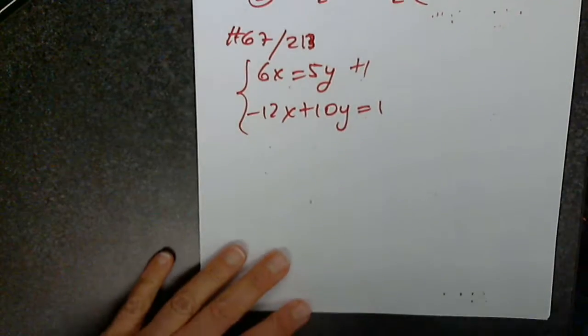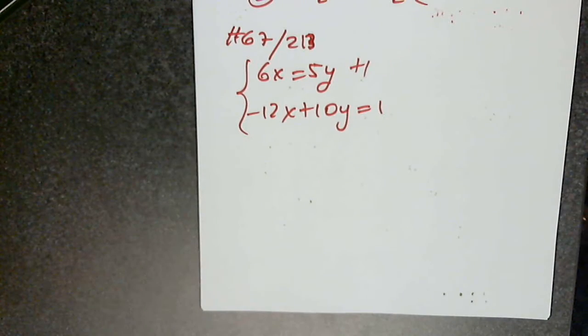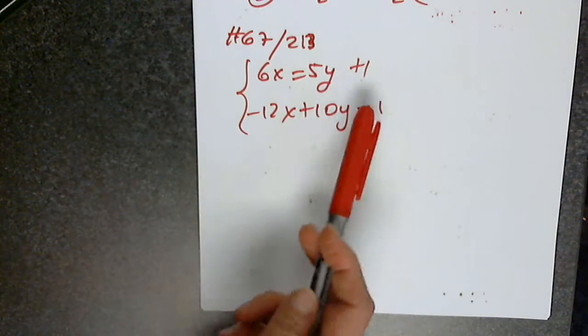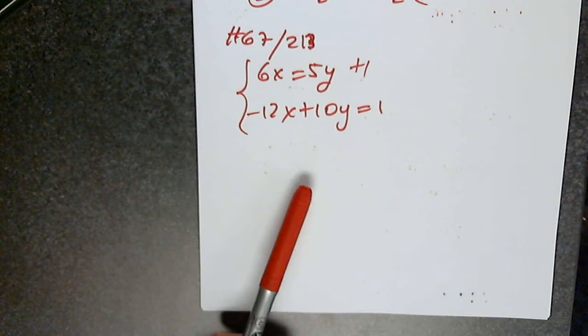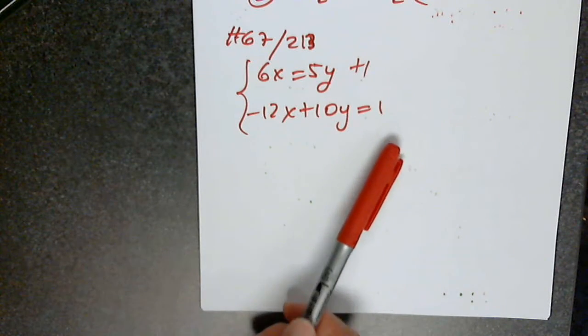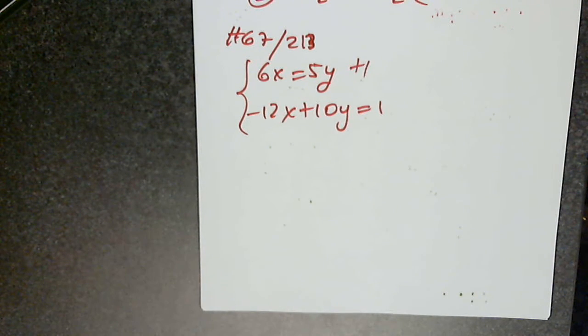So we are given two equations, and we are asked to determine whether each pair of lines is parallel, perpendicular, or none of the above.